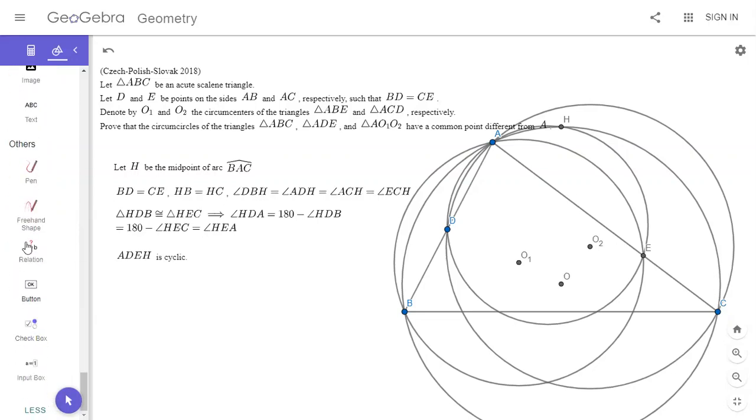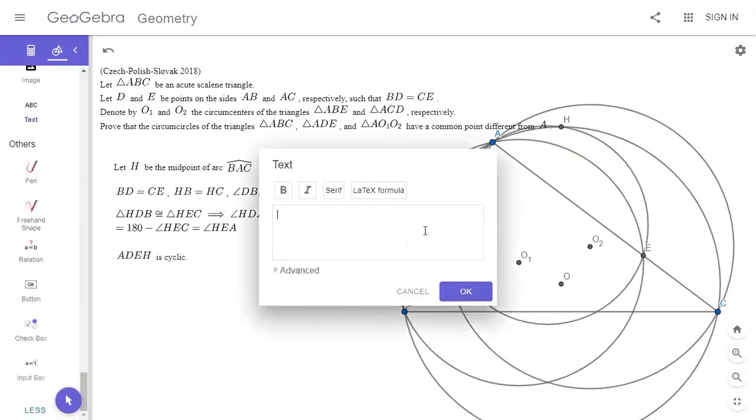So we have, let me write this out. Angle O1AO is equal to angle BAO minus angle BAO1.